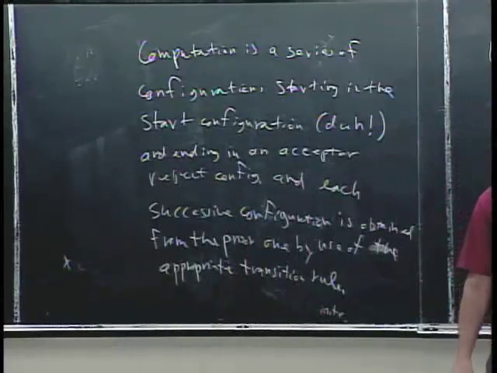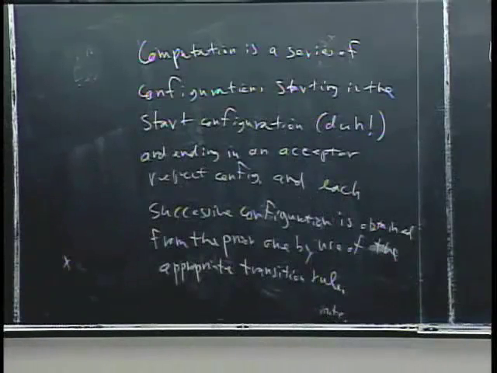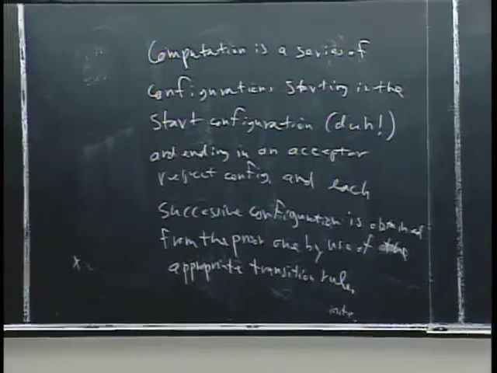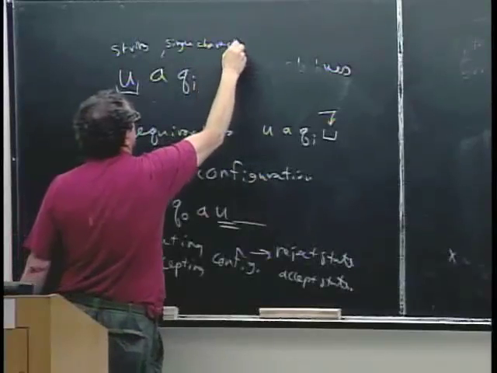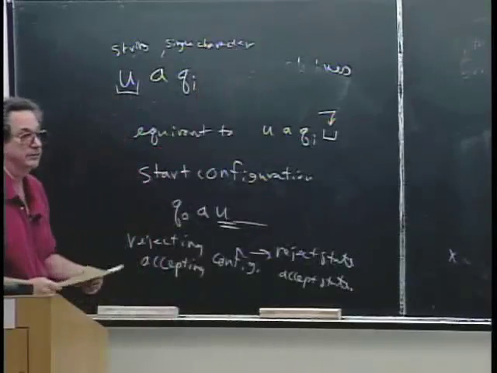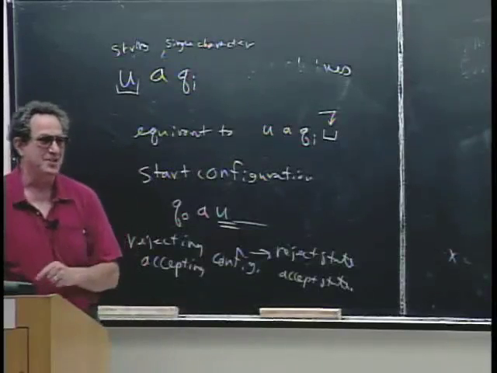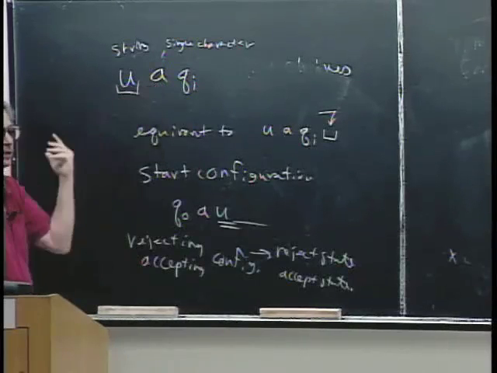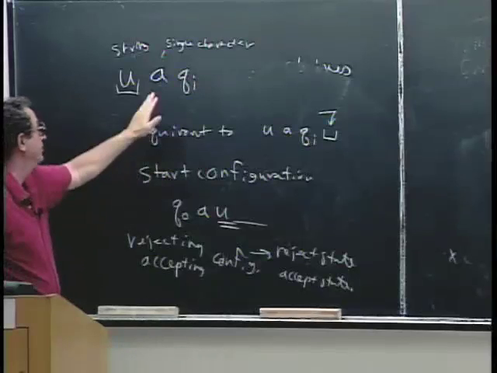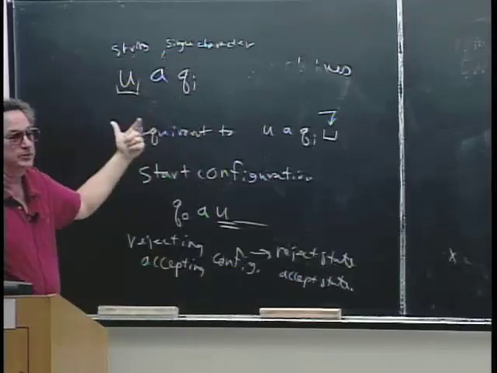Going back, could you explain what U, A, Q, I? Well, okay, so this U really, this is a string. And this is a single character. I didn't really make that explicit. In my other class that I'm teaching, we use this a lot, where letters from the lower end of the alphabet refer to individual characters, and letters from the upper end of the alphabet refer to whole strings.